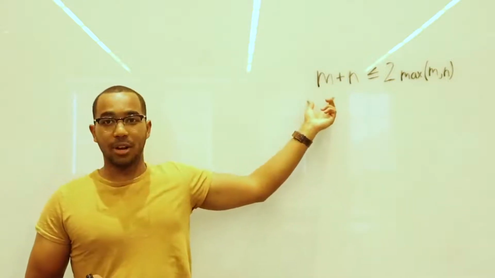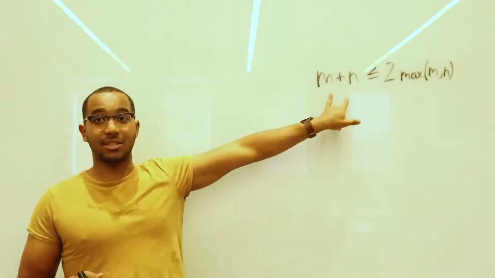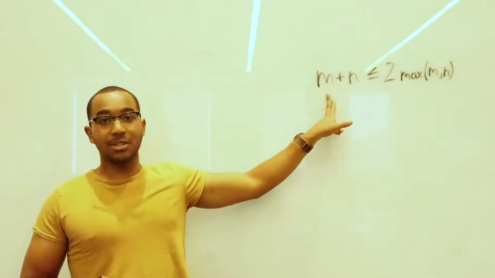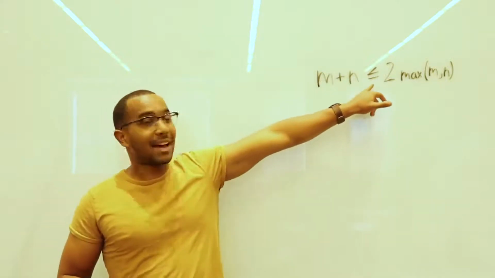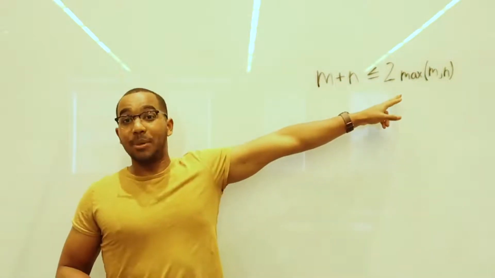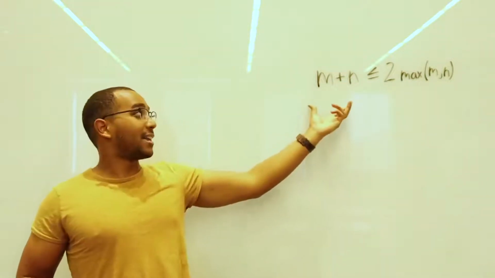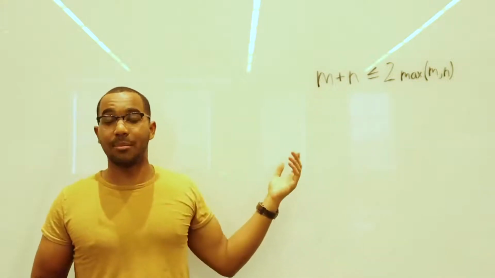So if m is bigger, then we're going to say 2 times m. How does that compete against this? It's going to beat it because if m is the bigger guy, n is either equal to or smaller. So that allows us to say that this is going to be less, because I'm competing 2 times the bigger guy against the bigger guy plus whatever n is. It might be equivalent, it might be less.